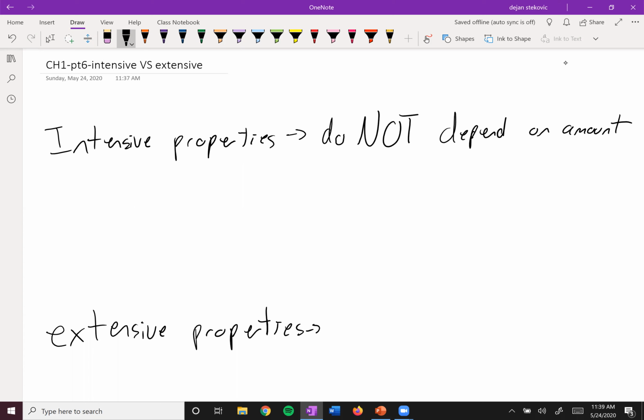Whereas extensive properties do depend on the amount. So let's take a look at some examples of each one of these. I think this kind of works well with examples.